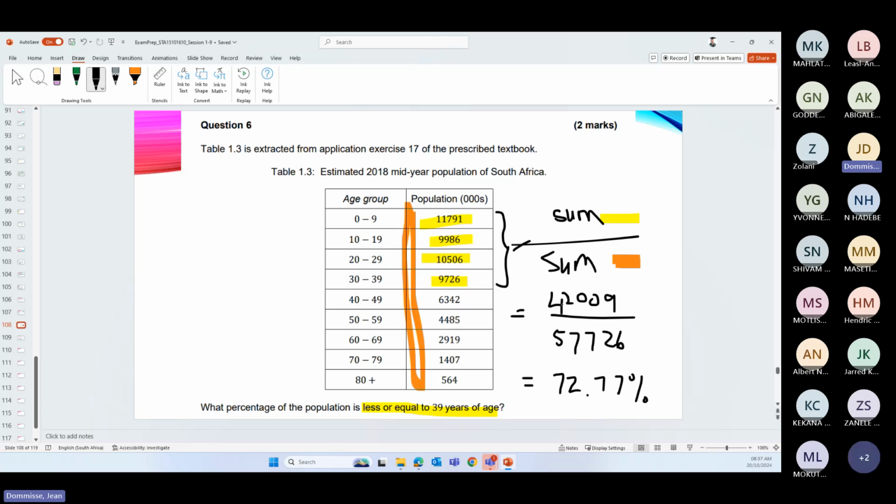That will give you 42009. Then we just continue on to get the total: 42009 plus 6342 plus 4485 plus 2919 plus 1407 plus 564 will give me 57726. Then those two divided by one another will give you 72.77.